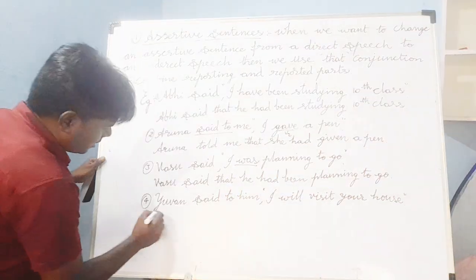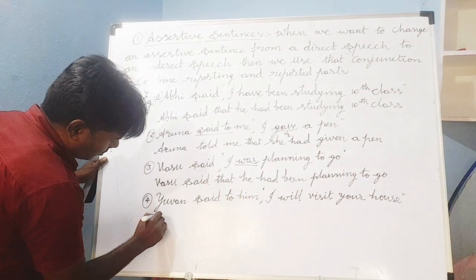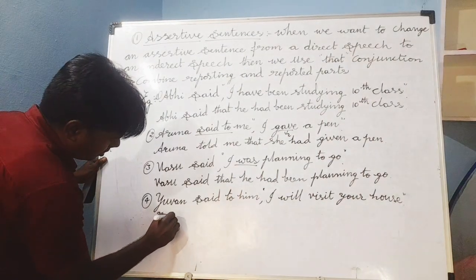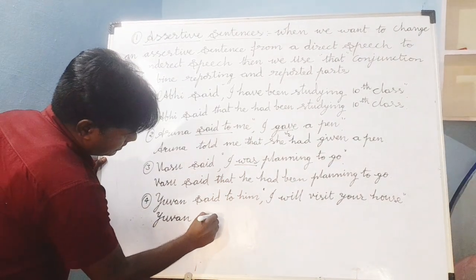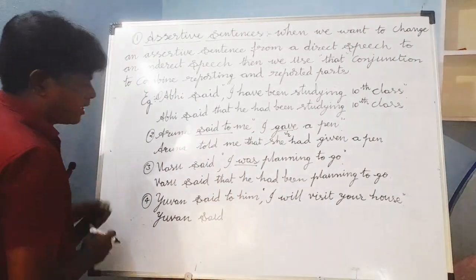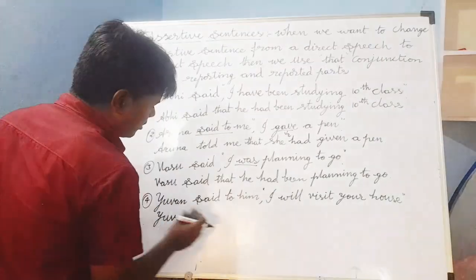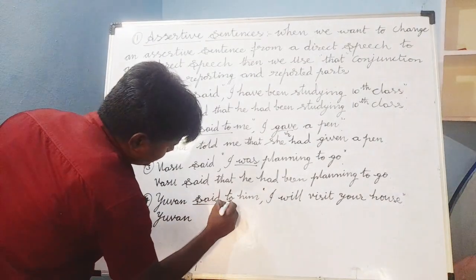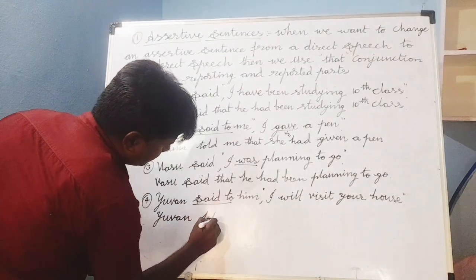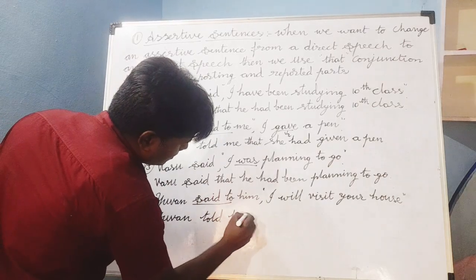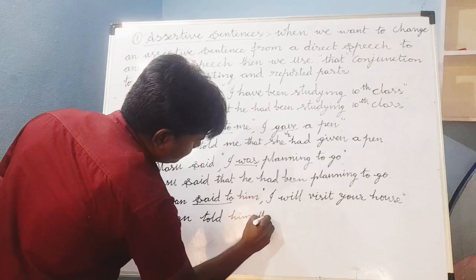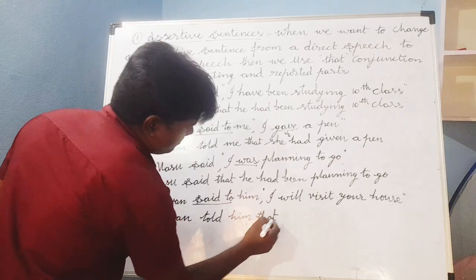Then, so now we have to change this one. Yuan said to change it into told. Remember that. Said to change it into told. Told him that I become he.